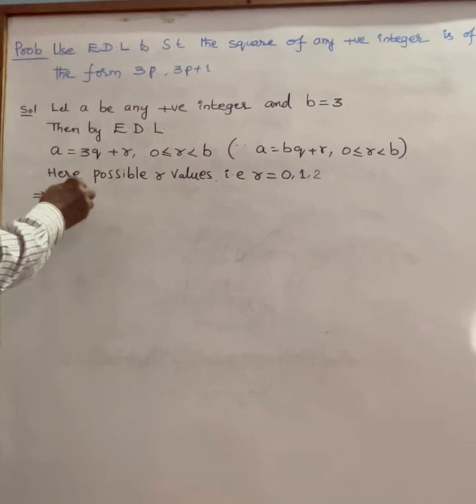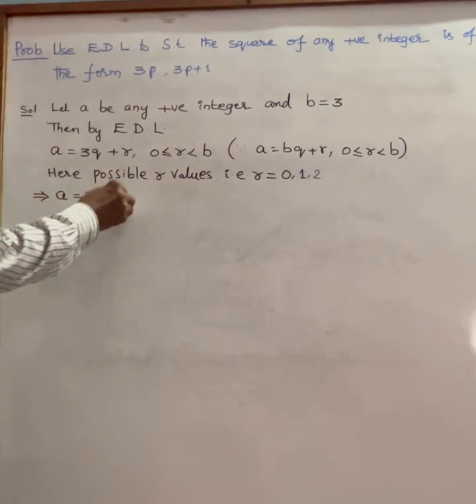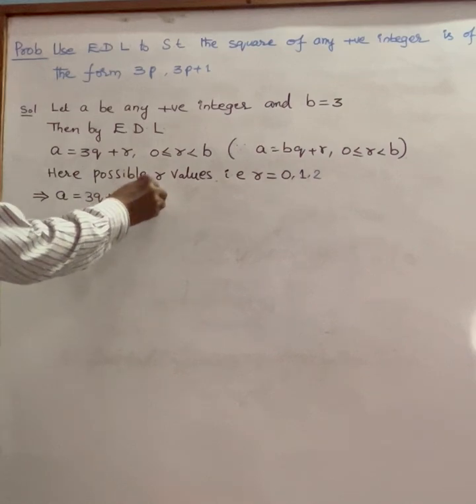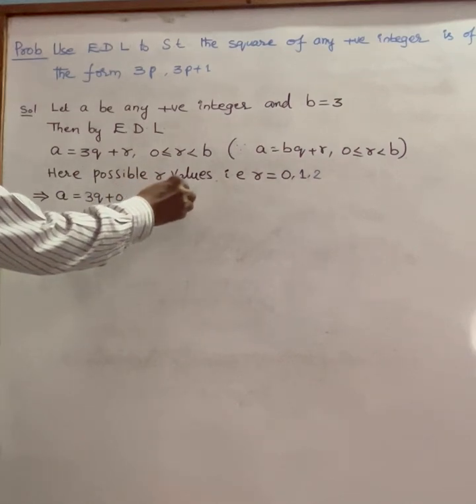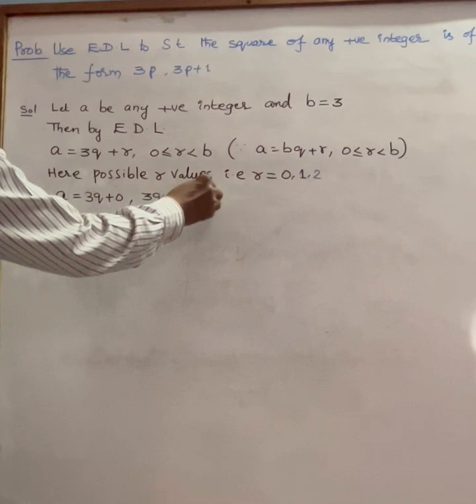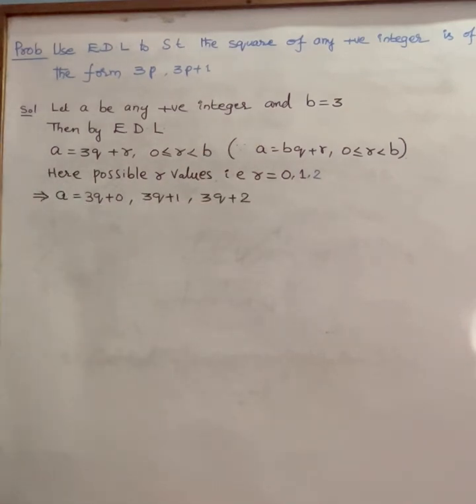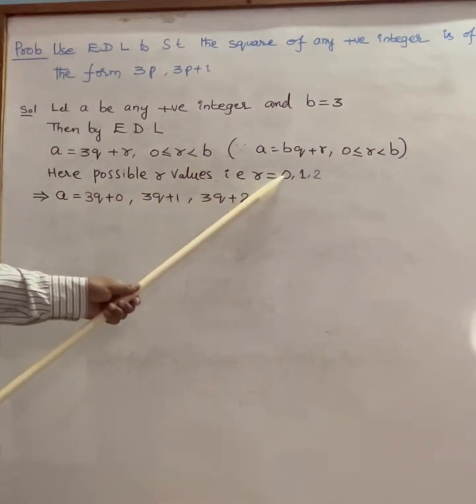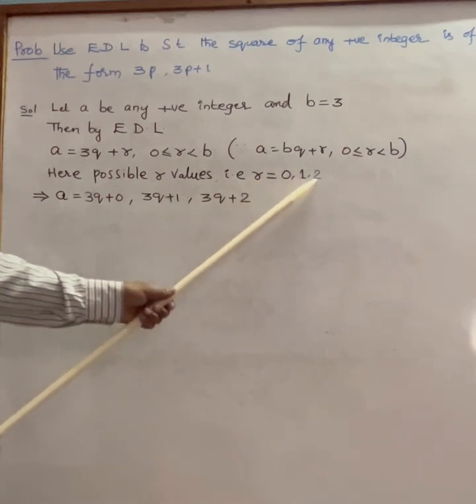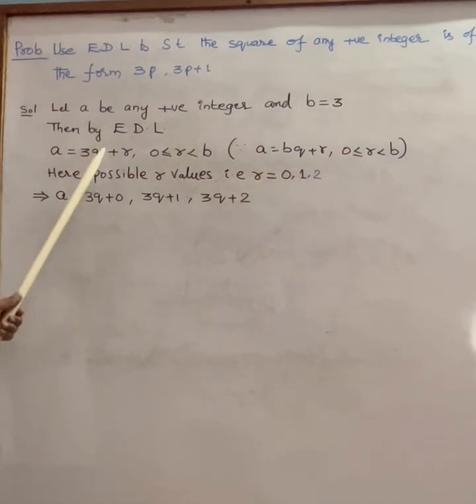We will get a is equal to 3q plus 0, 3q plus 1, 3q plus 2. We just found r values and substituted r values in the division lemma.